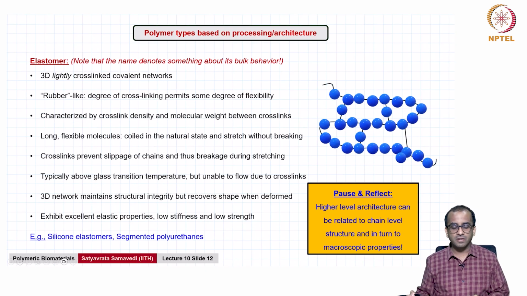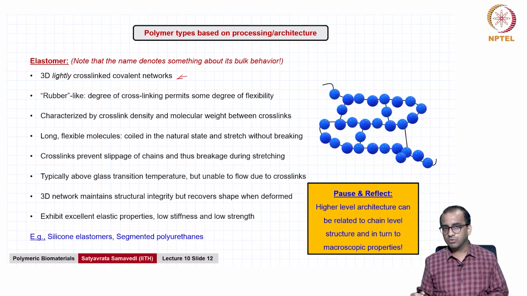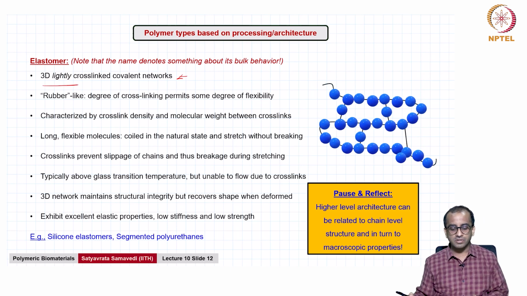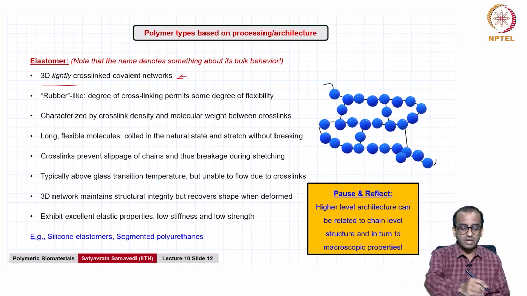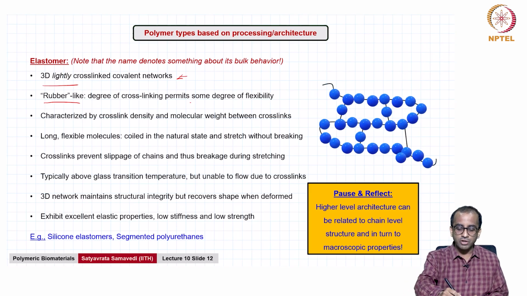The last one we are going to look at is an elastomer. What distinguishes this from the previous two is these are also cross-linked, but the extent of cross-linking is much lower. So they are lightly cross-linked 3D networks which are rubber-like. So the degree of cross-linking is enough to permit a fair degree of flexibility.